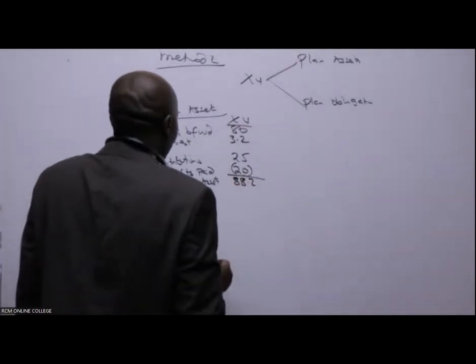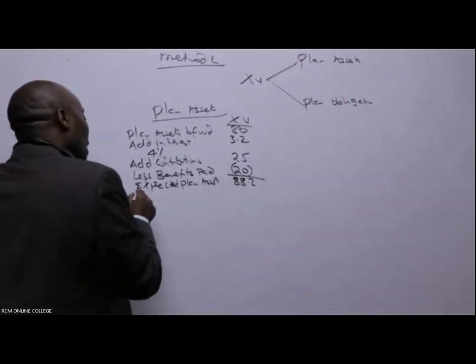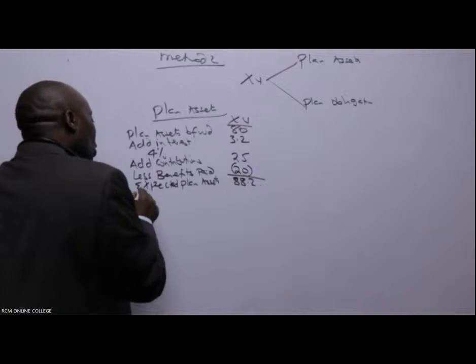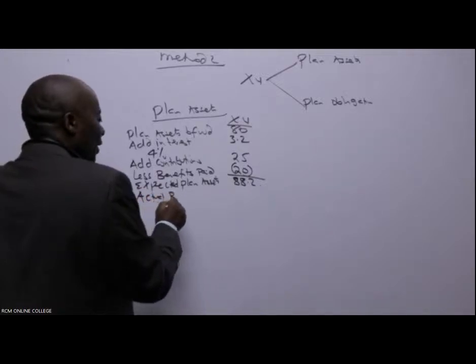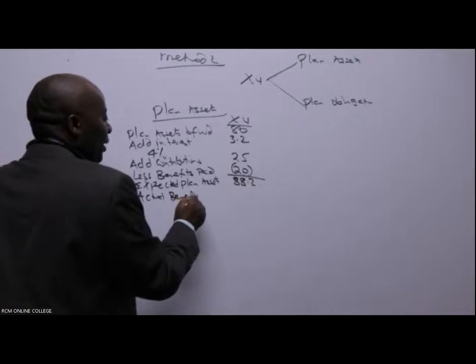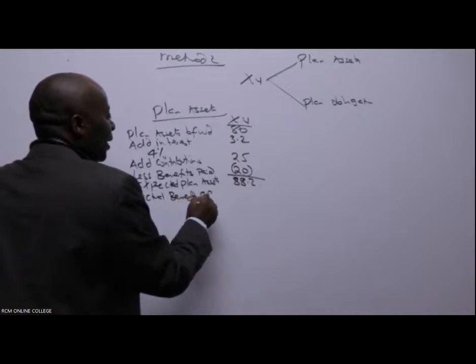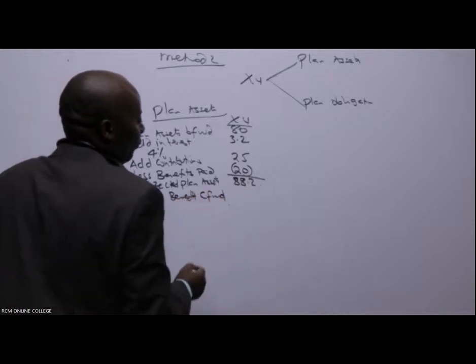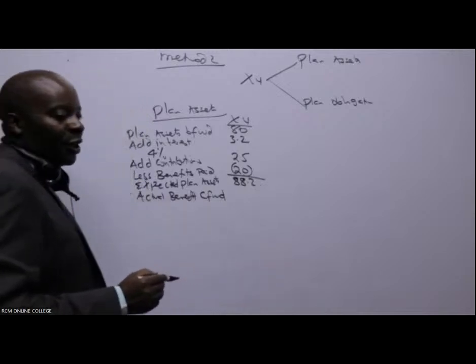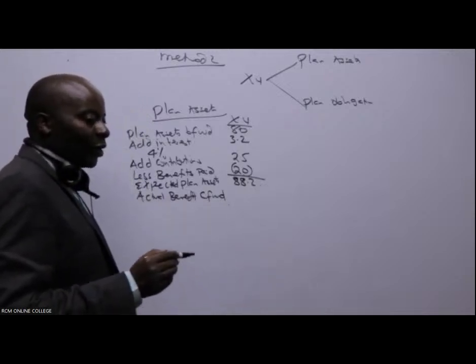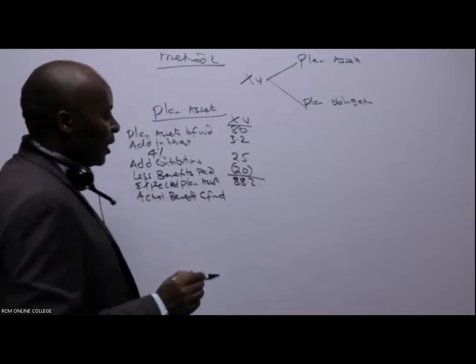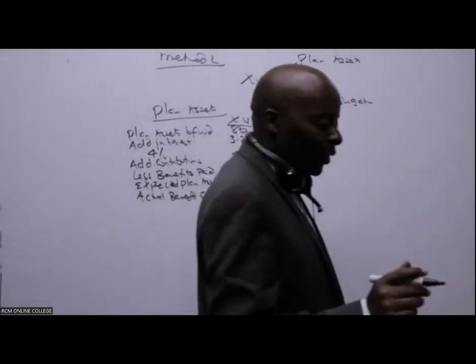88.2 like that. And then, ladies and gentlemen, you will come very fast here and compare this to the actual assets carried forward. These are the actual assets at the end of the year.